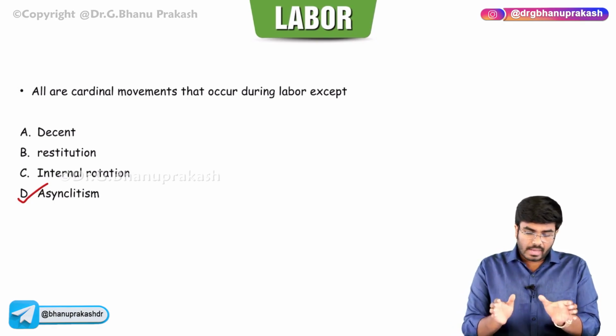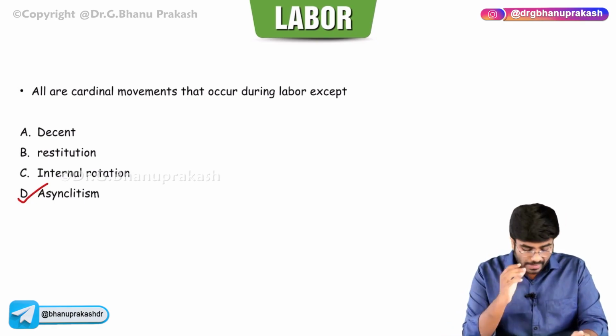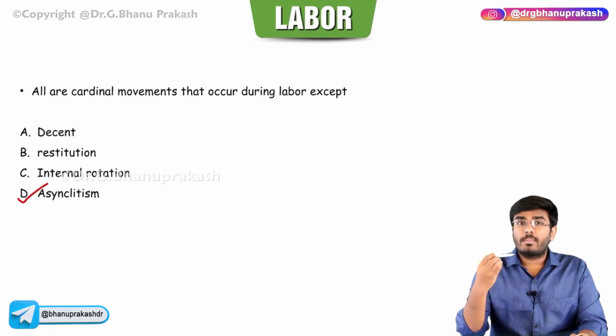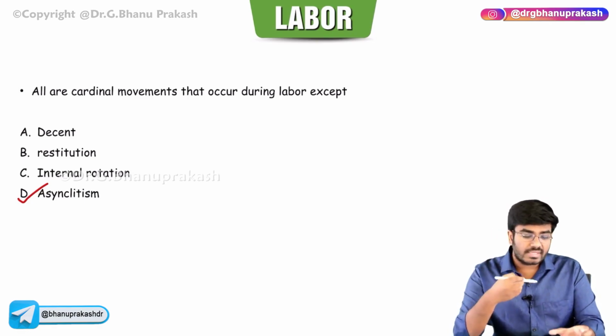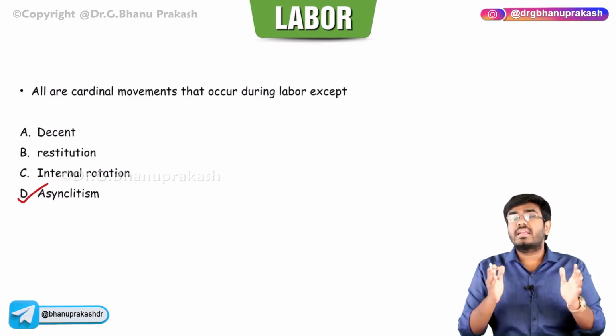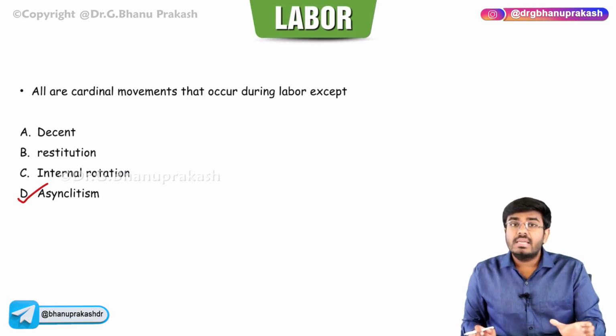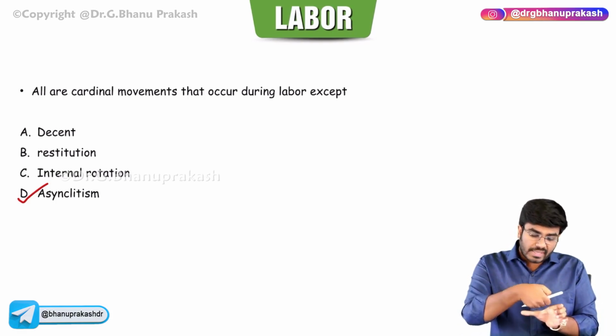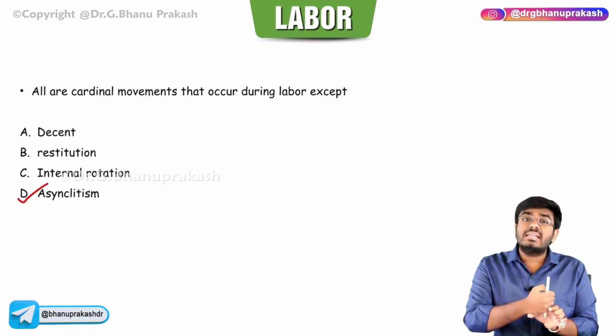If a mother is going to have a platypelloid type of pelvis, where the transverse diameters are greater than the anteroposterior diameters, what happens? The engagement happens by marked asynclitism.